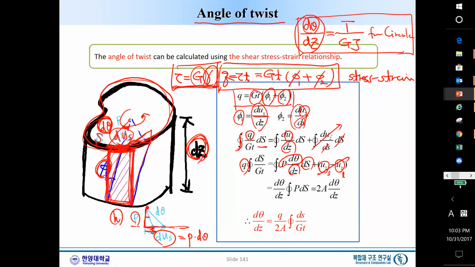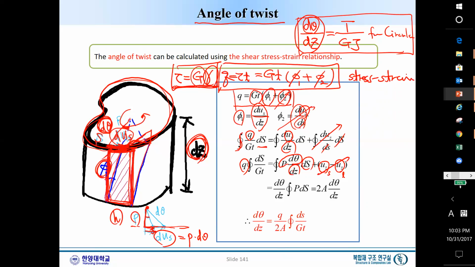Mathematically this is a little complicated, so I don't want you to be confused by this term. Please, this one automatically disappears. But the most important part is this part, d theta dz.